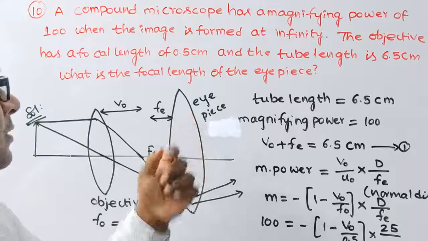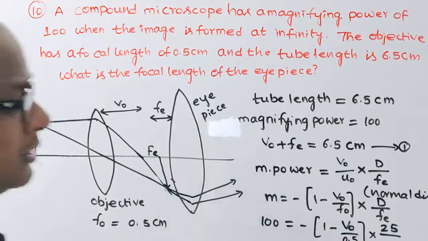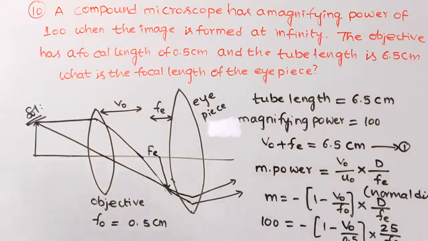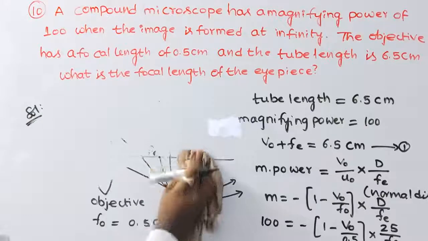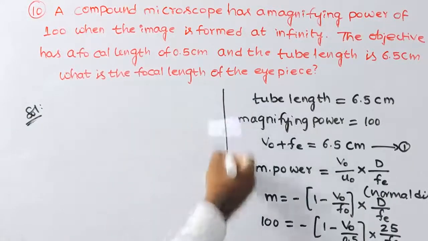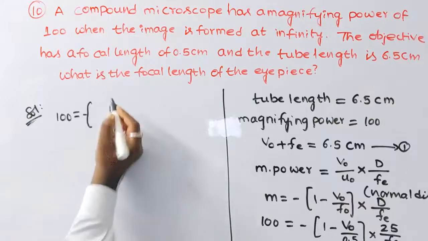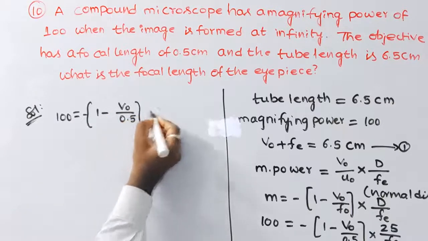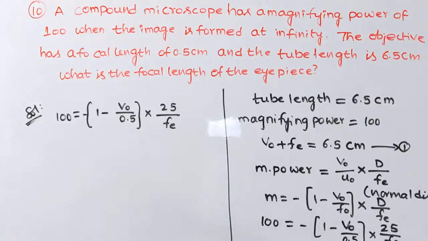FE is the focal length of the eyepiece, which we need to find. Okay, next, the continuation: 100 equals minus of 1 minus V naught by 0.5 into 25 by FE.